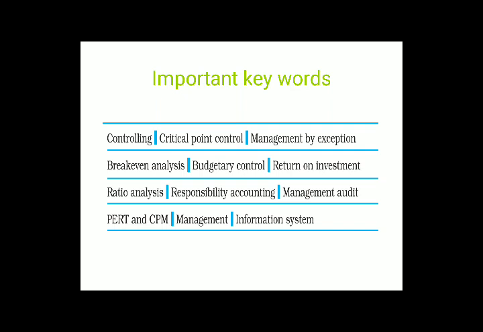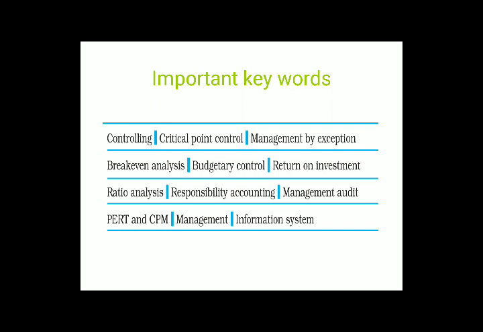And critical point control refers to controlling of event or people that is not performing as expected to the standard level. So in any controlling process, there will be a standard performance. The standard performance is set by the management as an expectation of how much a department or a division or a company has to achieve in the foreseeable future, say a month or a quarter year or a year.